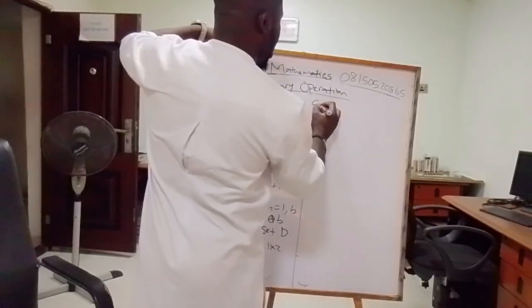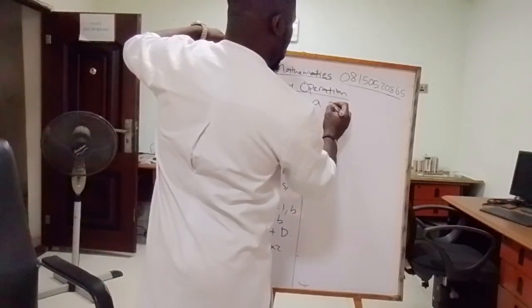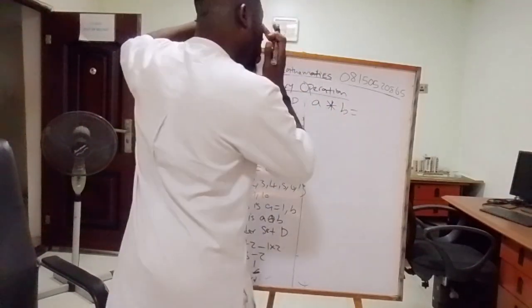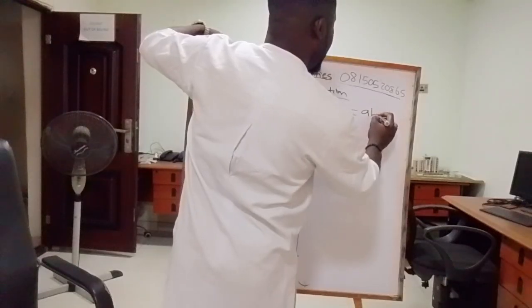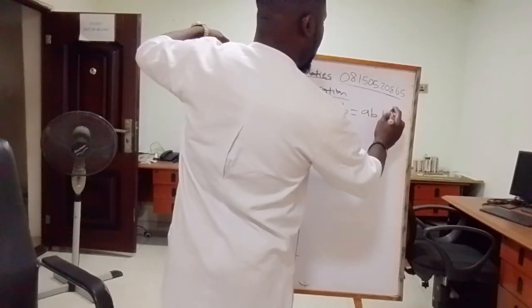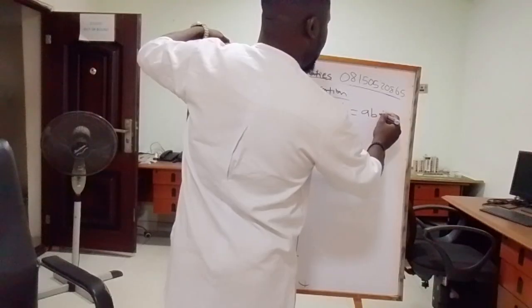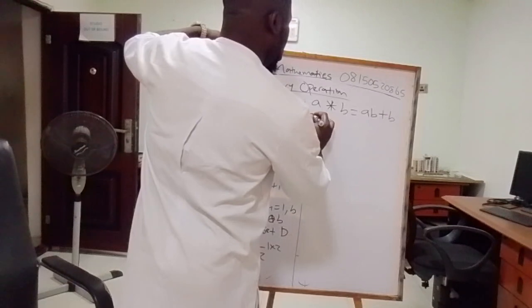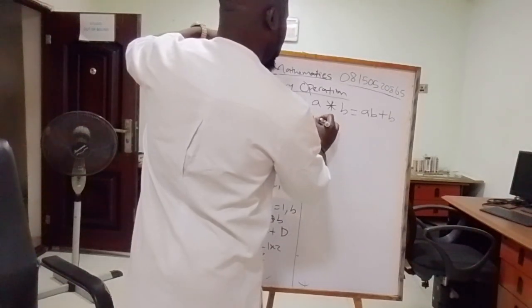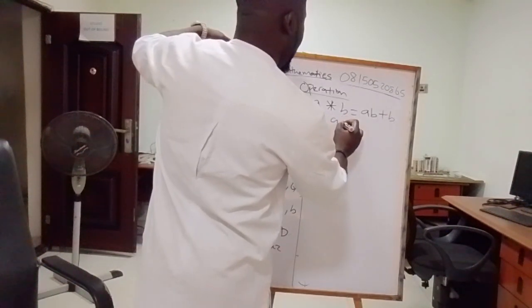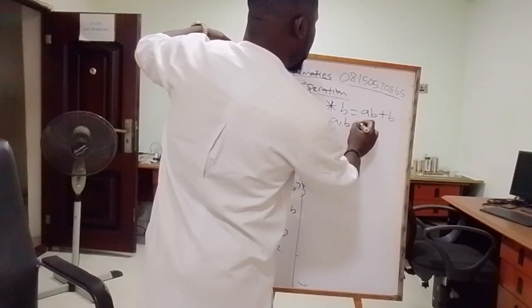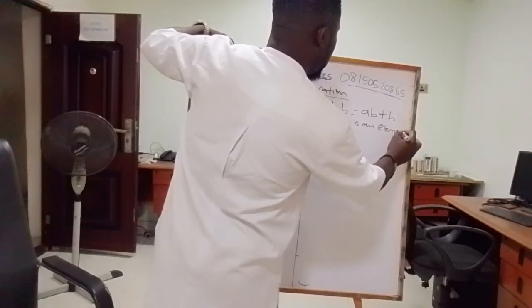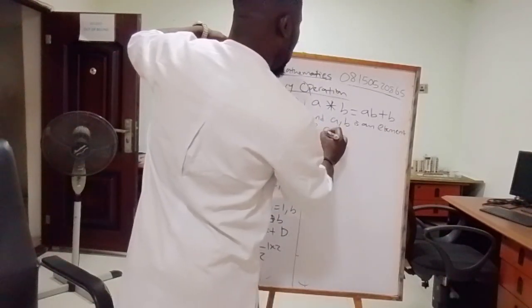If I say a asterisk, that's the operation I want to use, a operation b is equal to ab plus b, and a, b is an element of odd numbers.